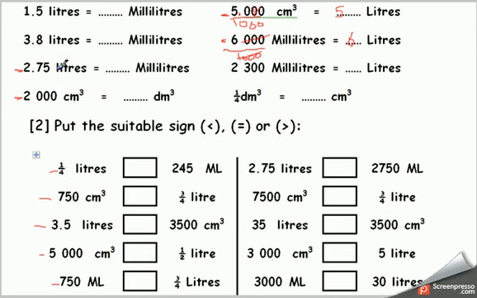Okay, attention with me. Now I have 2.75 liters, 2 milliliters from big to small. What can I do, mister? I should multiply by 1000.